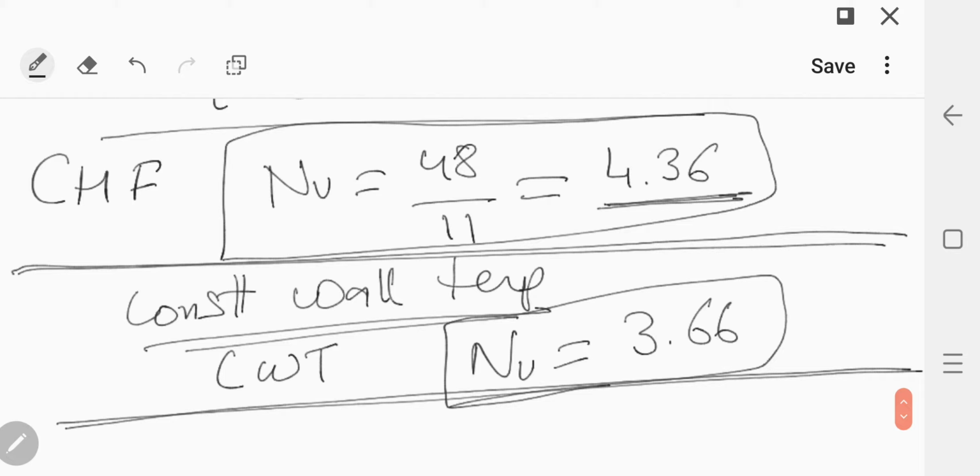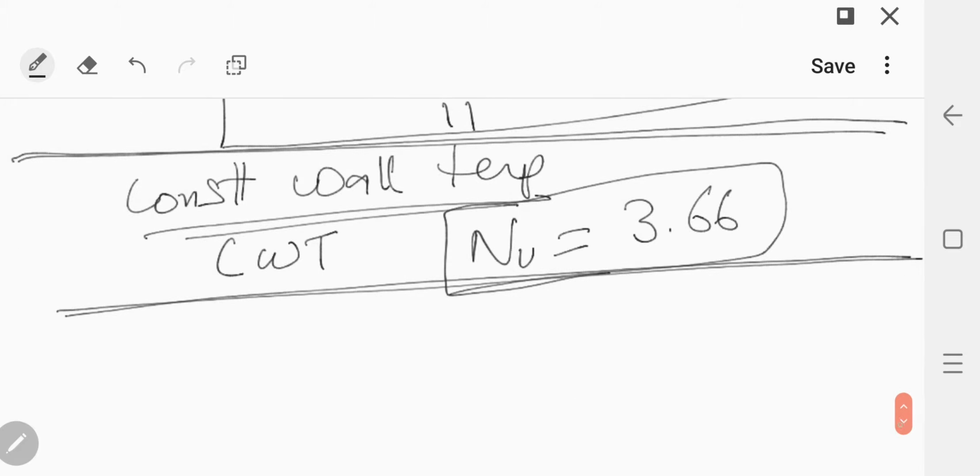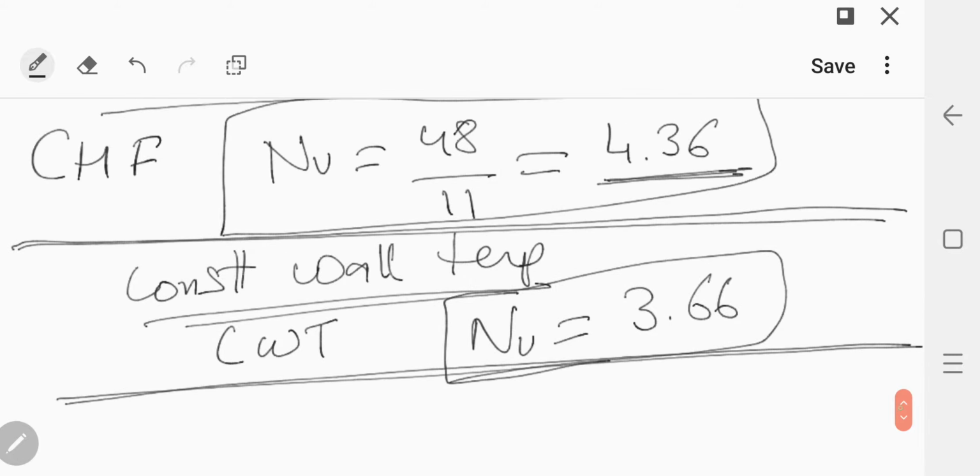Clear? Now, based upon these minimum numbers, many authors and researchers have presented their own versions of correlations of Nusselt number in terms of Reynolds number and Prandtl number, where all those correlations basically reduce to these two specific values.